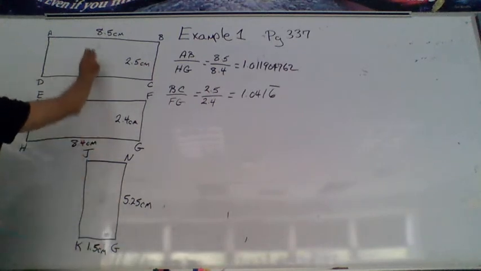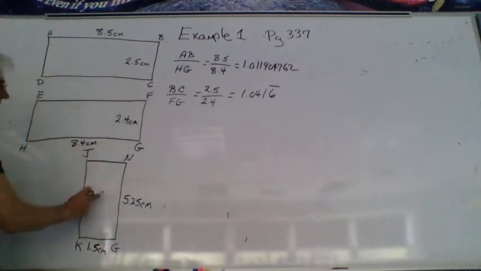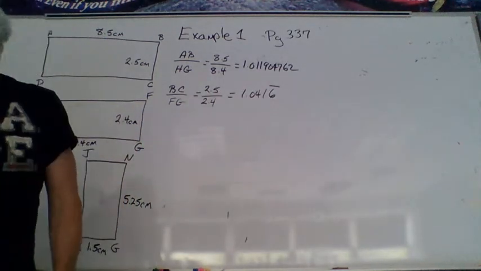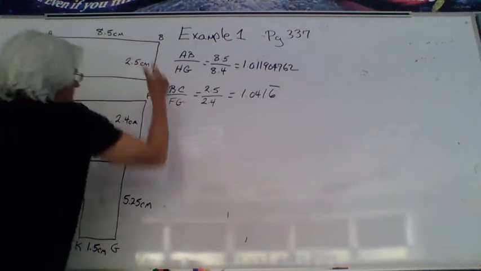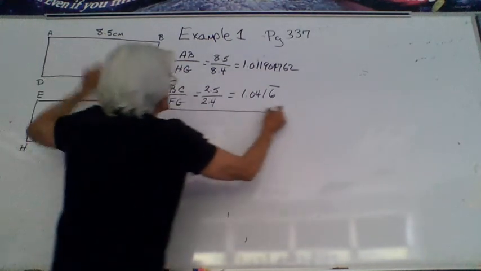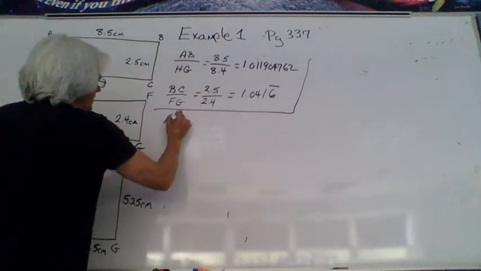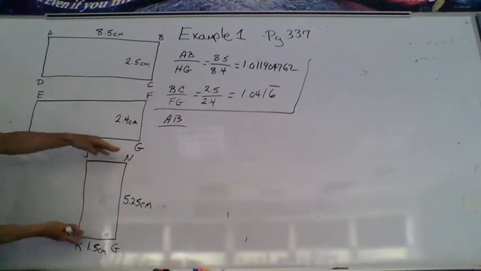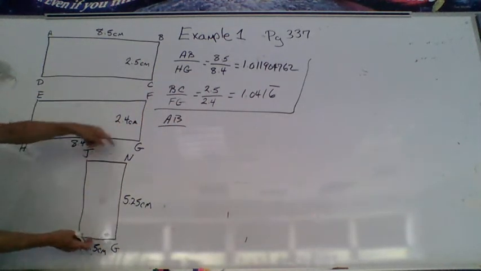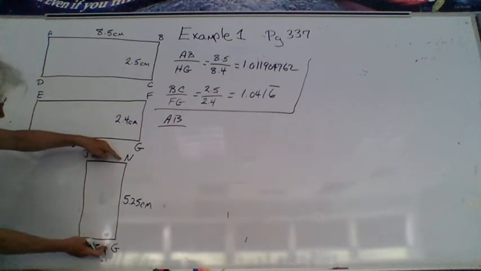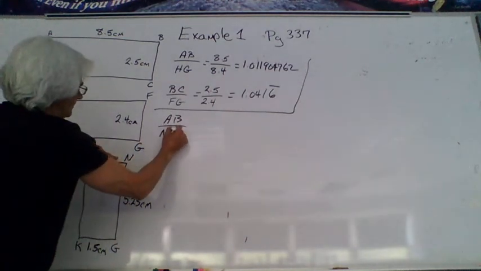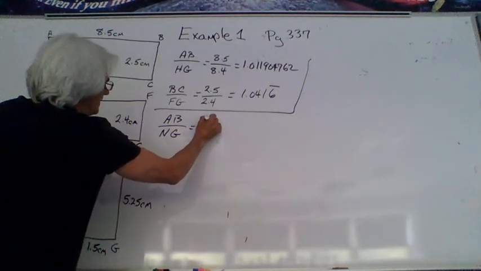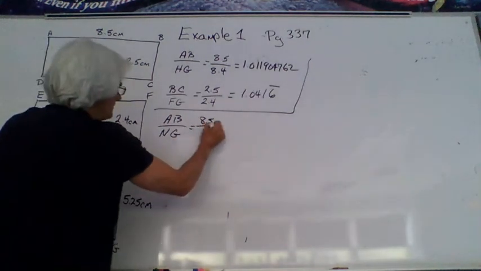So now I'm going to check this one here to this one down here. Again, I'm going to start with AB, and find its corresponding side. I can tell from the shape, even though they've got this turned around, that its corresponding side is NG. AB is 8.5, NG is 5.25.